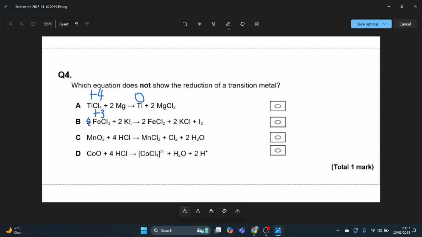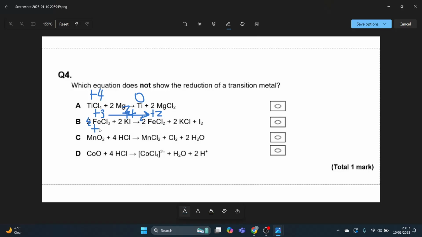In this case, iodine goes from -1, and the iron goes from +3 to +2, so that is reduced. It does decrease the oxidation state.